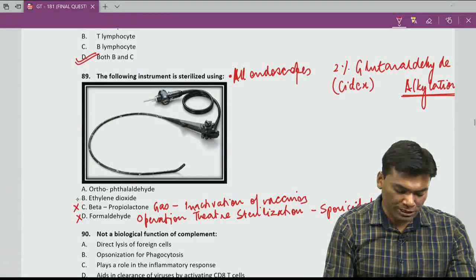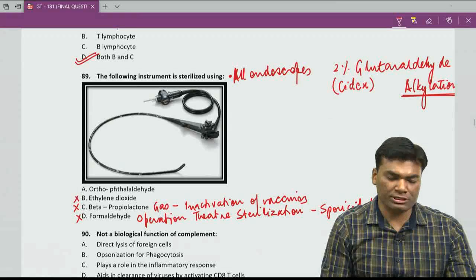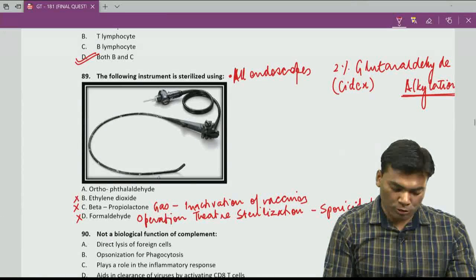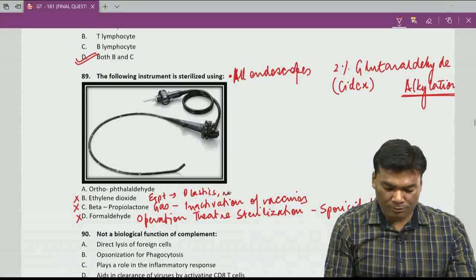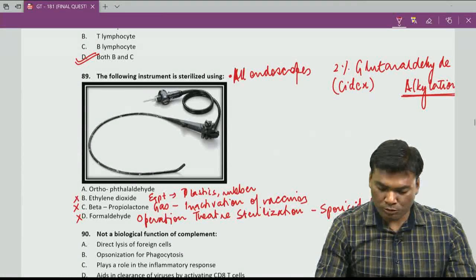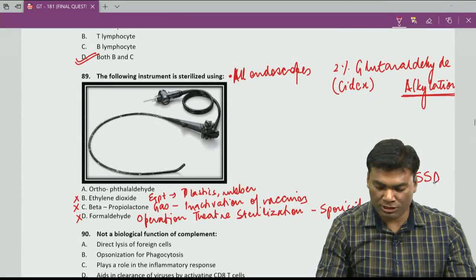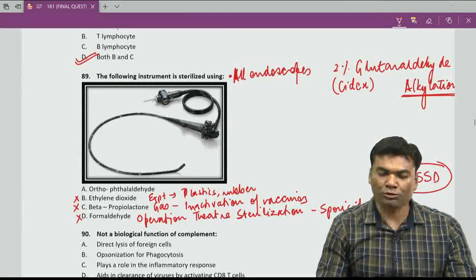Then the third option is ethylene oxide. Now ethylene oxide gas is also used for sterilization of equipment, especially plastics and rubber. In the hospital there is something known as CSSD, the Central Sterile Stores Department, which is attached to every OT.